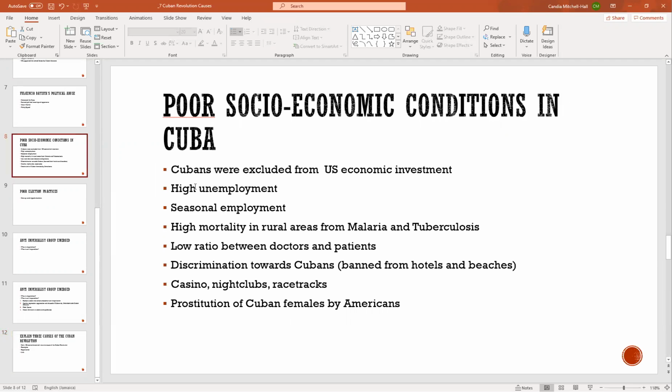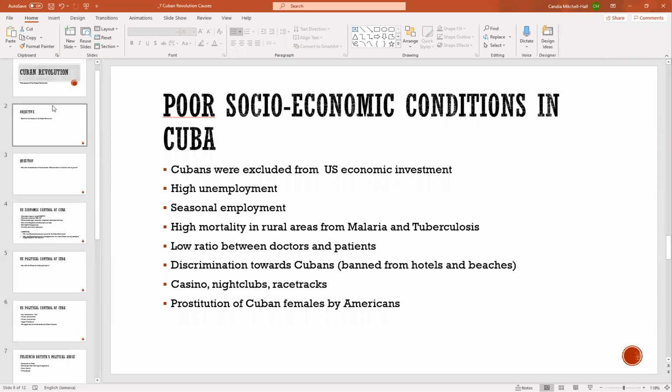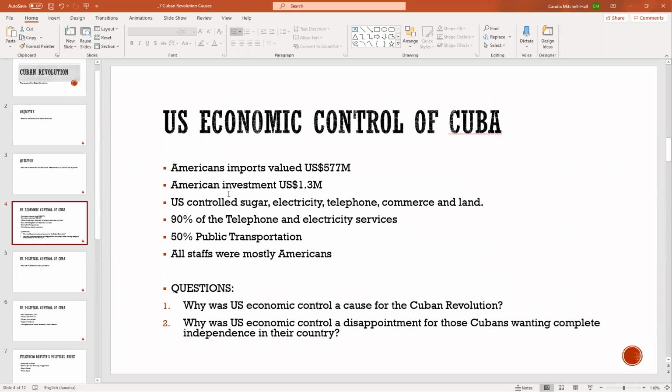Examples of U.S. economic control. One of the causes is that the U.S. would have controlled Cuba economically.